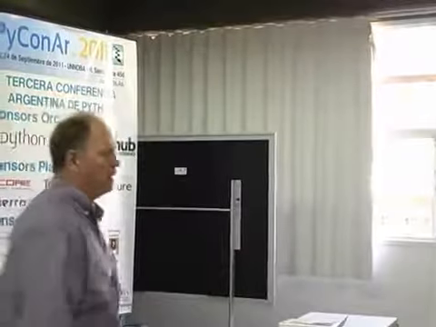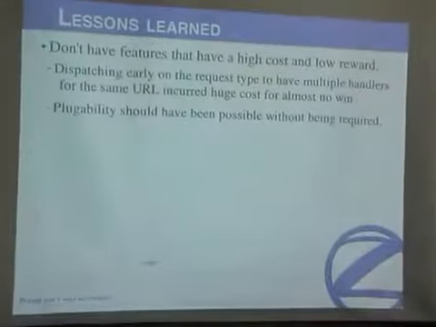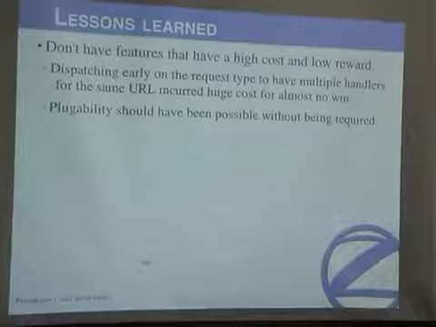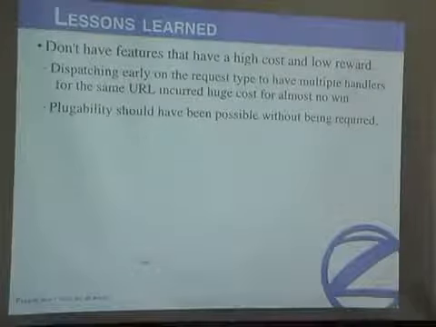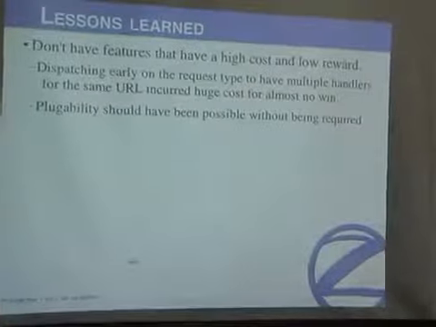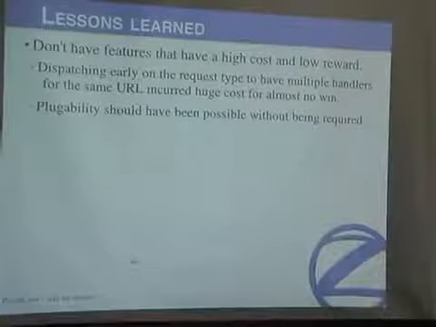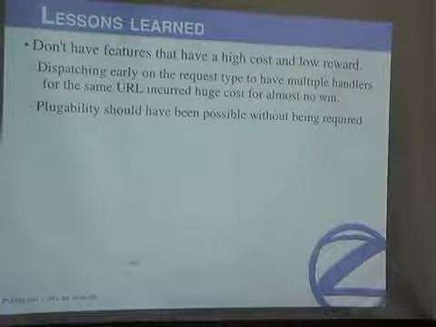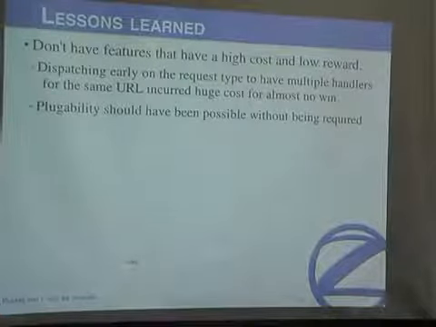So the main lesson here is that when considering features in an API, make sure you understand what the relative benefits and costs are. We have an expression non grata around Zope Corporation, which is "I can imagine."